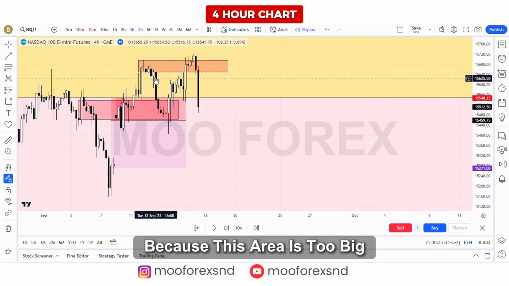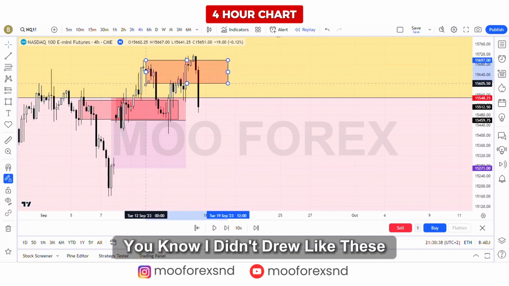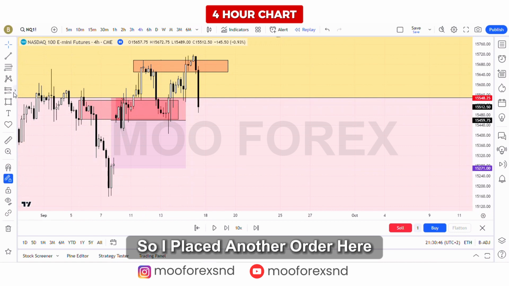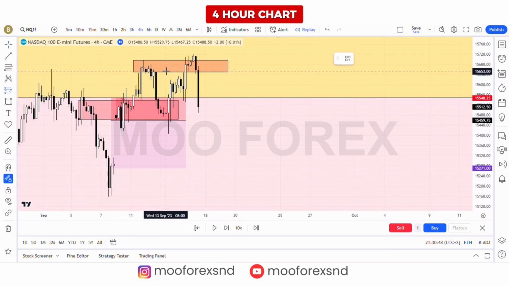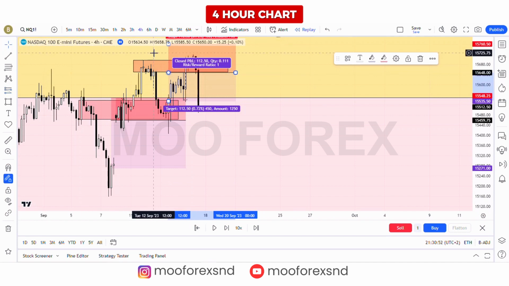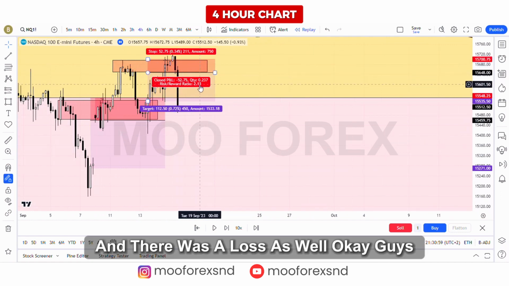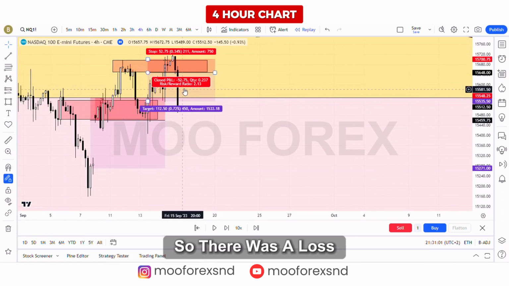Because this area is too big, I wanted to cut the area a little shorter. So I placed another order here. And that was a loss as well. Okay guys, so there was a loss.